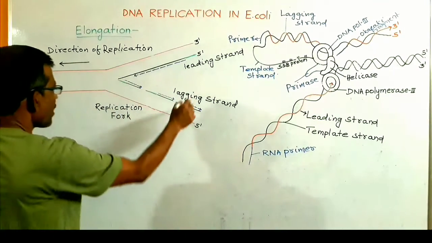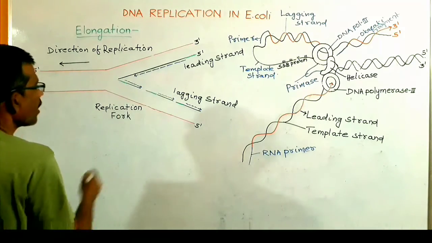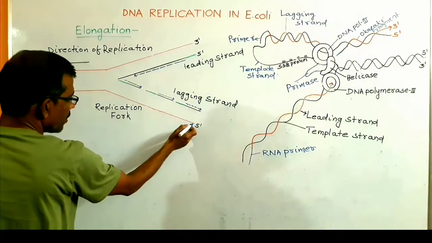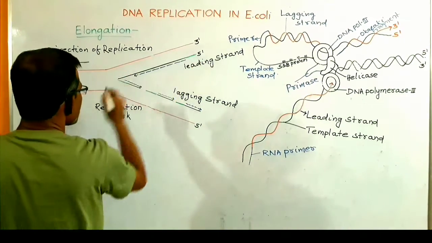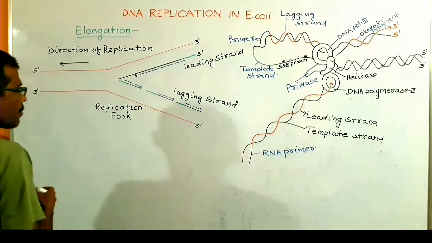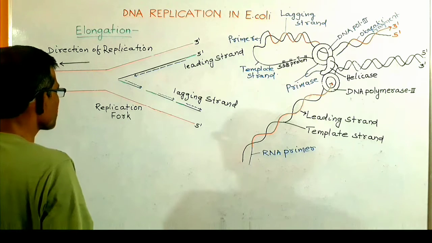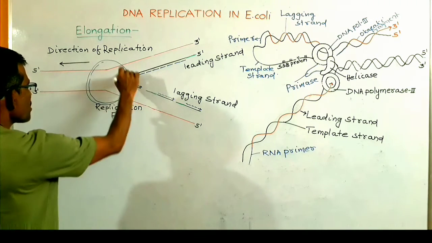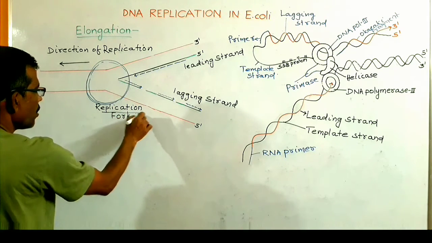Friends, this diagram explains the process of elongation, and these are the two template strands. These two red colored strands are the template strands. DNA replication proceeds in 5' to 3' direction, and this Y-shaped region is known as replication fork.